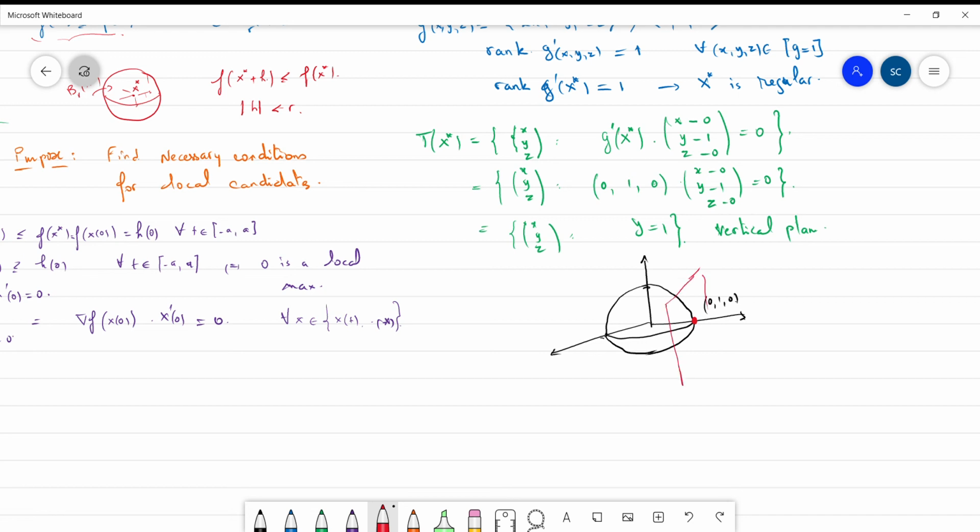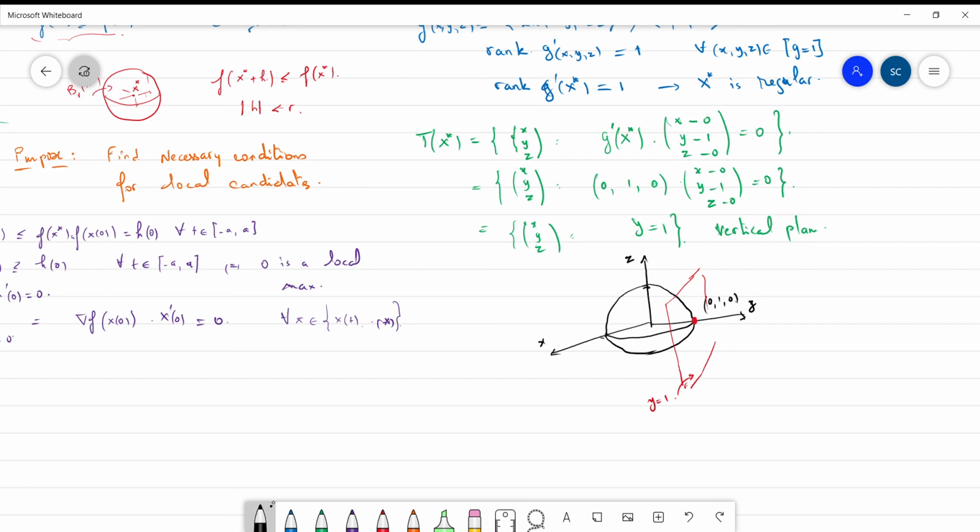So this is the plane y equals 1. You see, this is the meaning of tangent plane we usually have.